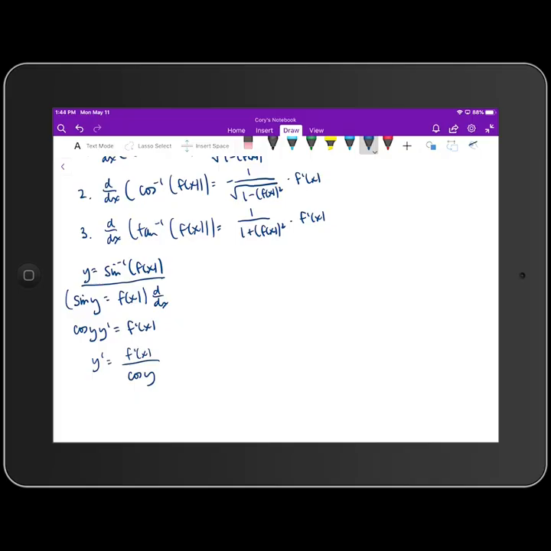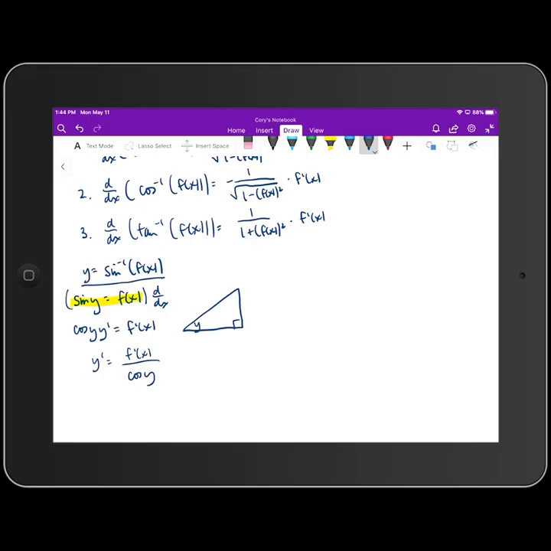Well, how are we going to do that? The way we're going to do that is we're going to go to this line right here, where the sine of y is equal to f of x, and we're going to construct a right triangle based on that relationship. Okay, so when I draw a right triangle here, this is going to be our angle y.